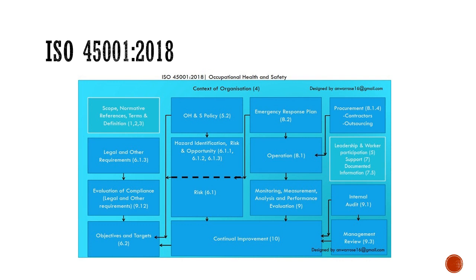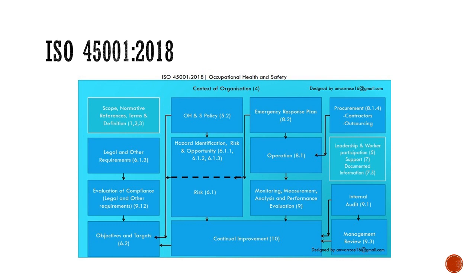Now, the inputs in operations are procurement as per clause 8.1.4, and procurement consists of two aspects, contractors and outsourcing. The internal audit as per clause 9.1 and management review as per 9.3 give inputs to continual improvement.